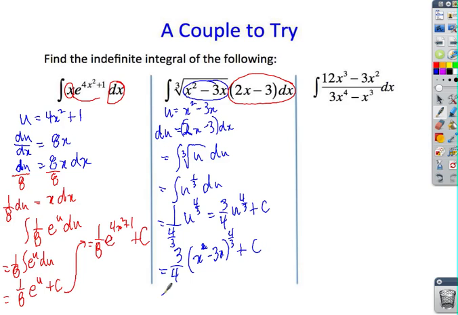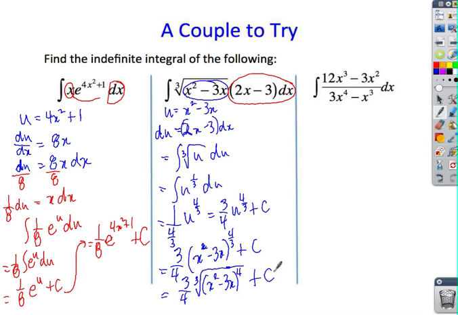And again, if you want to rewrite with a radical, you could rewrite this as 3/4 the cubed root of x squared minus 3x all to the 4, plus c. Not totally necessary to do the last step, but if you'd like to, you can do that.